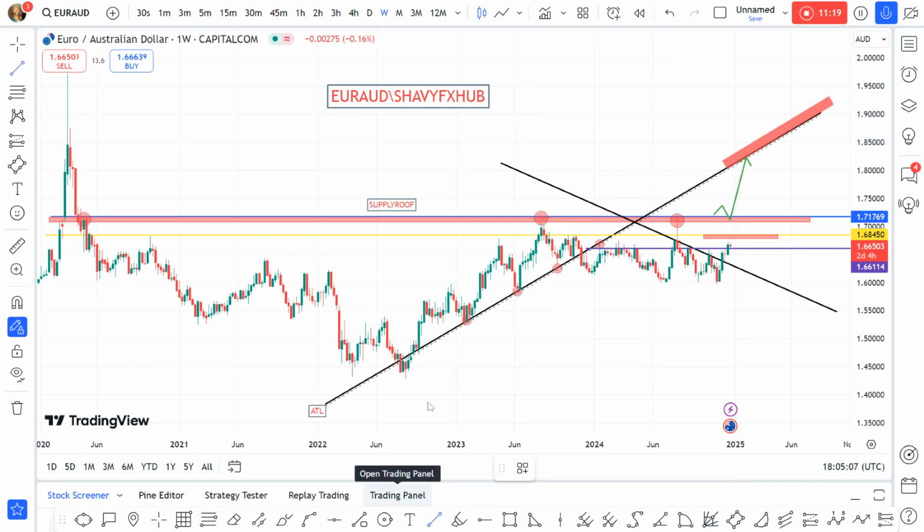Then we look at other supporting evidence that shows that this buying might really belong.